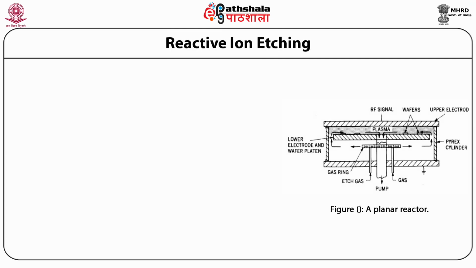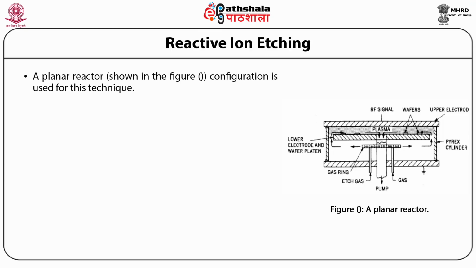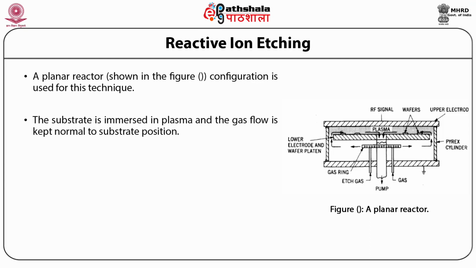Students, you can see the figure shown on the screen, which is a planar reactor configuration used for the reactive ion etching technique. The substrate is immersed in plasma and the gas flow is kept normal to the substrate position.